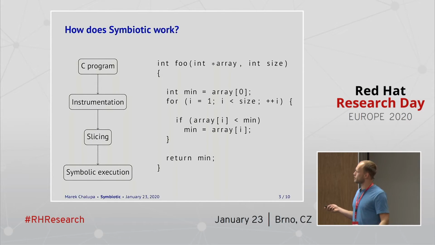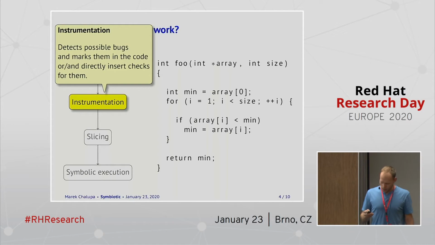The first phase of running Symbiotic is instrumentation. In the instrumentation phase, we detect possible bugs in the code and mark them. By marking them, I mean that we just insert a call to a dummy function that tells the two other stages that this is a place where there can be an error.